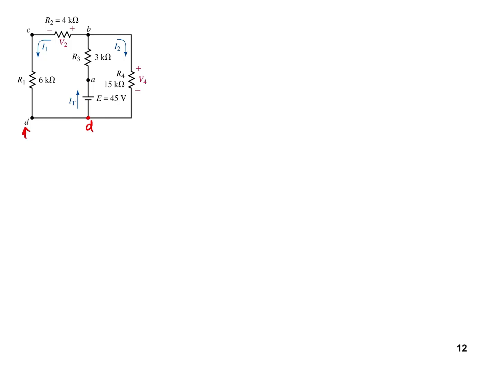But notice how we have 2 points that are labeled A and D now. The point A is on the positive terminal of the source, and point D is on the negative.